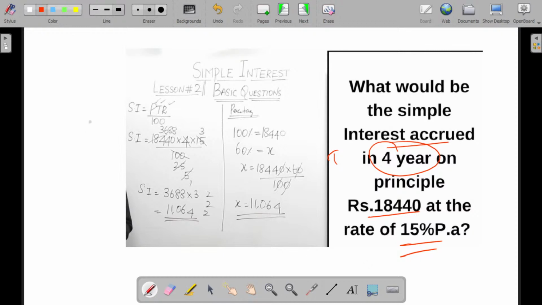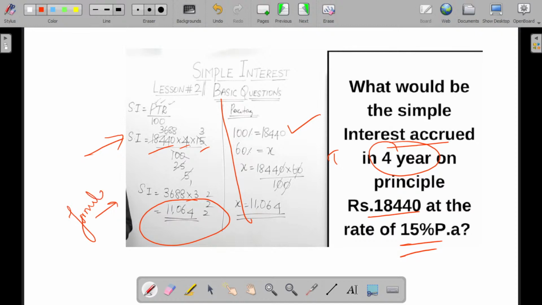So with the calculation method, principal, then time duration, rate of interest by 100, okay, we'll get 11,064. Or percentage method also you can use, like 100 percentage, whatever the principal is there, that is 100%. These are different methods. This is by using the formula, based on the formula method.